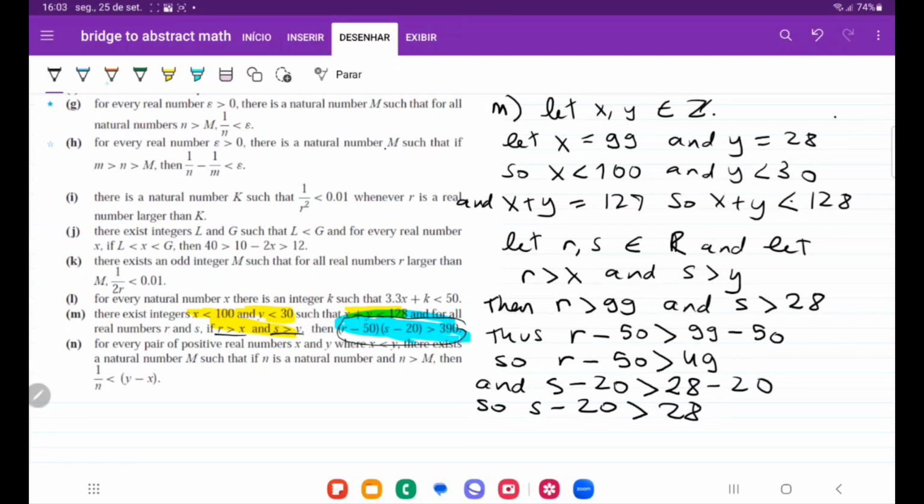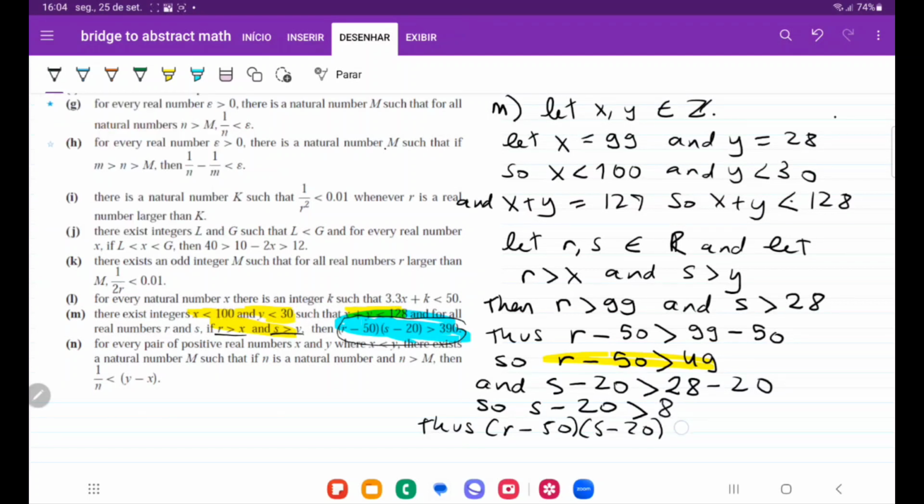So we're going to take these facts here. Let me just highlight them. We're going to take this fact and that fact to show, thus, r minus 50 times s minus 20 is going to be, oops, that's not 28 here on the side. Actually, it should have been 28 minus 20 is going to be greater than 8.